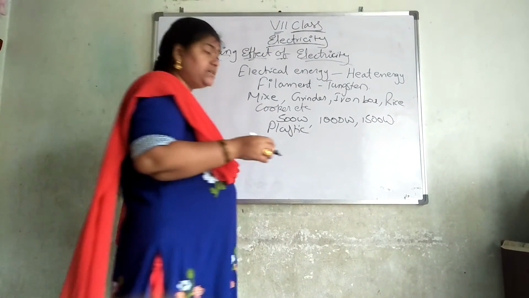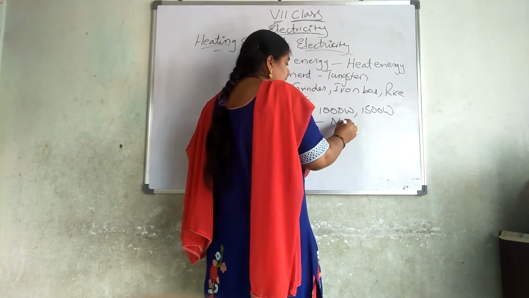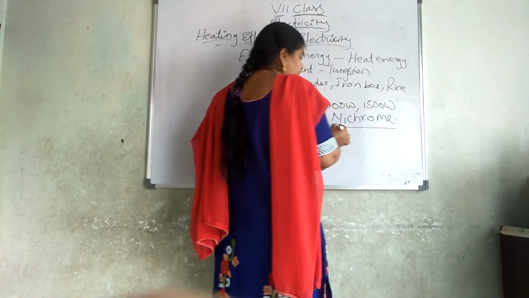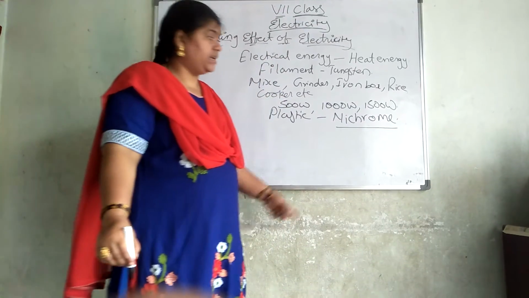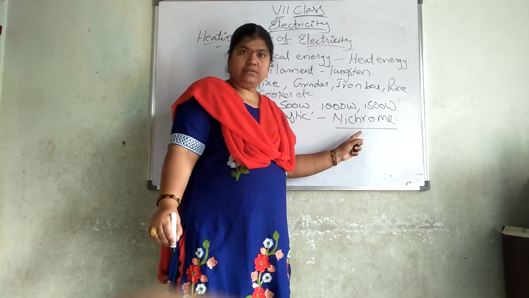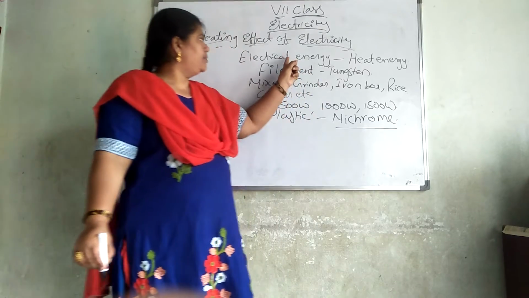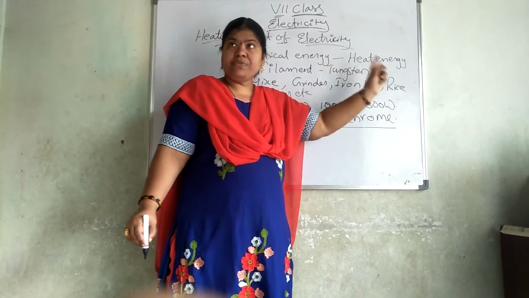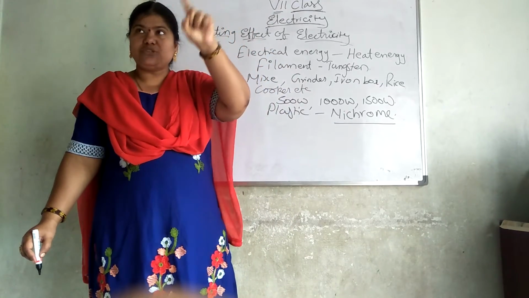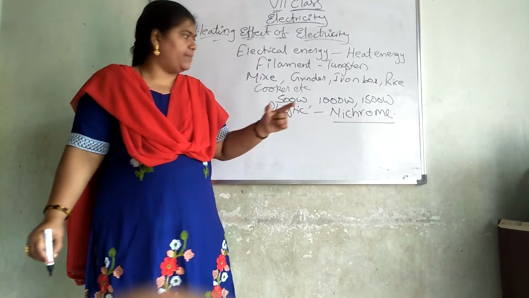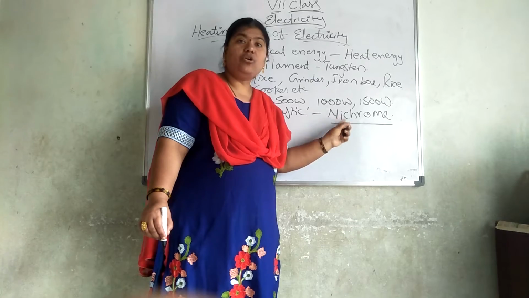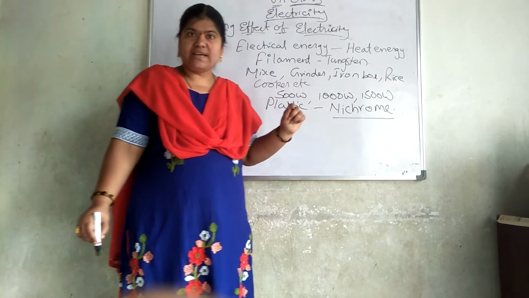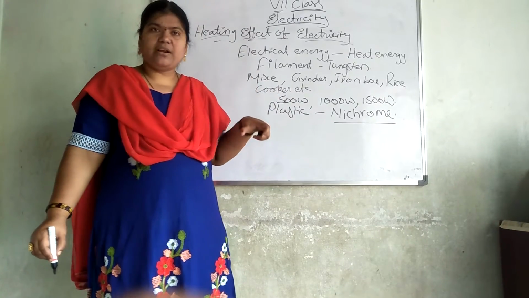Inside, what will be present? Inside these electrical appliances, nichrome is present. What is the wire made with? This point is very, very important. Nichrome is present. Like in the bulb, how the tungsten filament heats up, when we switch on any electrical appliance, this nichrome will function as a filament for that particular object.